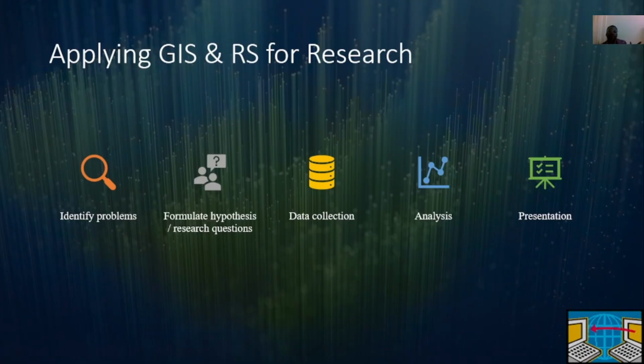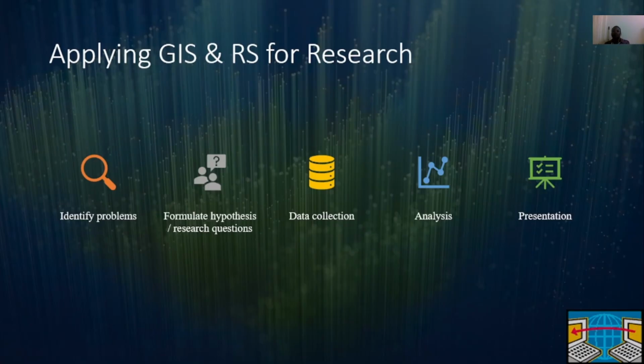Then you have data collection. This is whereby you can use any GPS supported system to capture data. You can also use satellite imagery, as in the past and present, to analyze the flood issue. We also have the analysis.